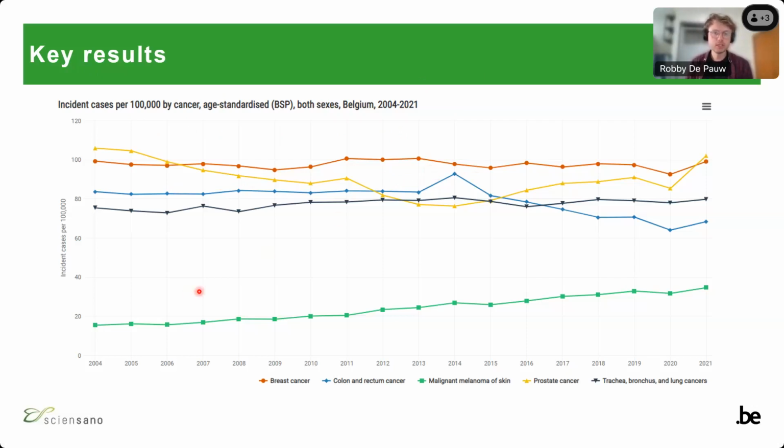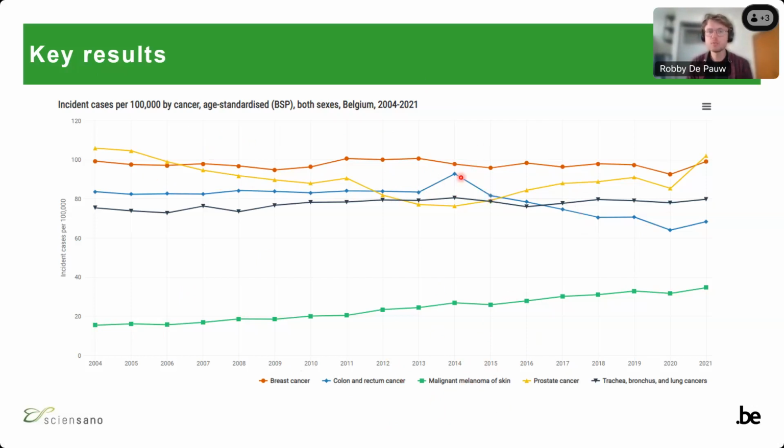And here you can see that there is an important growth. And I think this is something that is also seen in other countries, of malignant melanoma of the skin, so skin cancer. For other cancers, we can see that there is more or less a steady state. Here we can see a small increase during a specific year. This is from colon and rectum cancer.